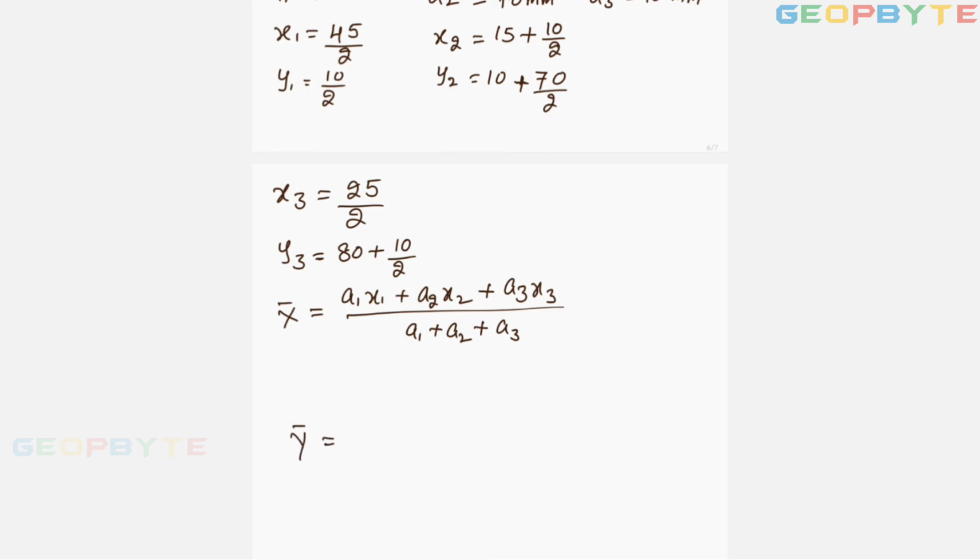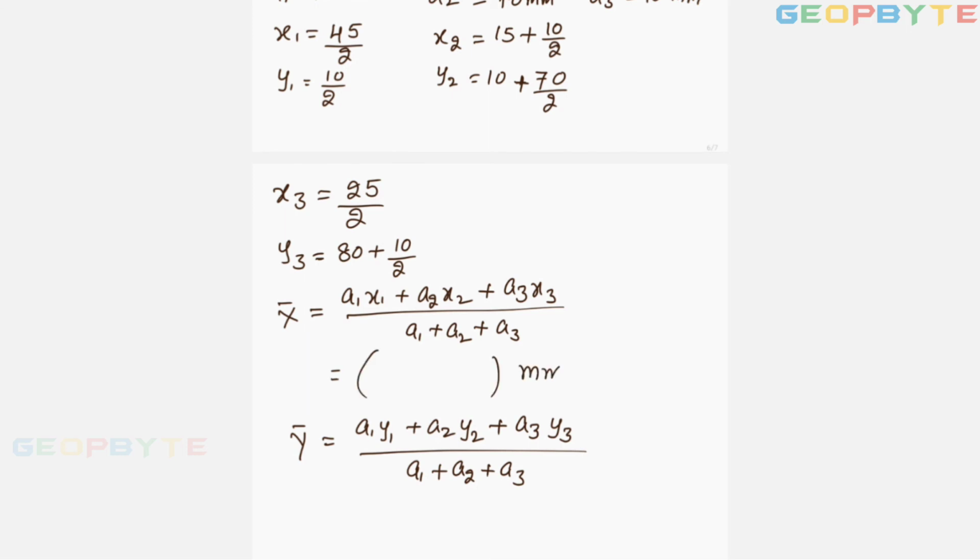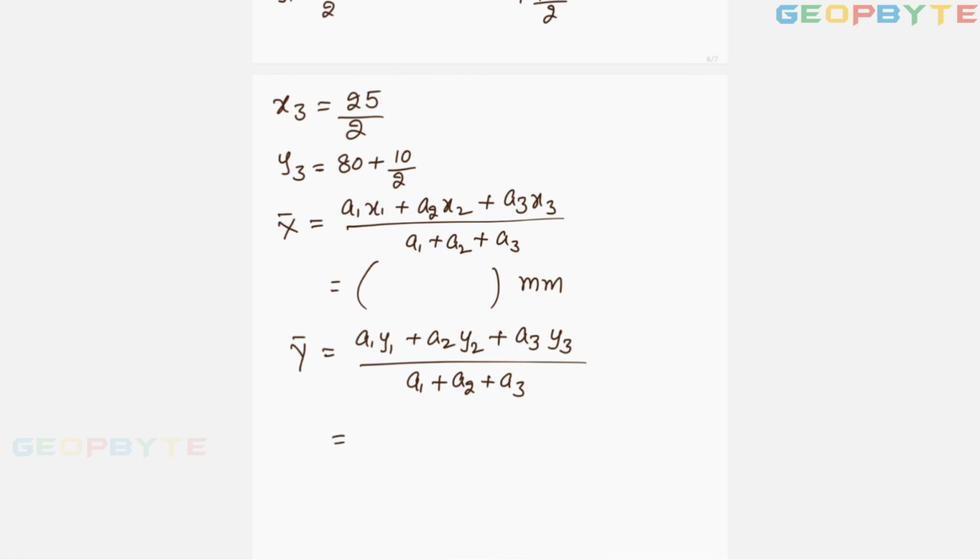Similarly, y bar equal to a1 y1 plus a2 y2 plus a3 y3 divided by a1 plus a2 plus a3. You put all the values for getting x bar and y bar respectively. So I hope you can have the simplification. You can have the x bar in mm, y bar also in millimeters. I hope you clearly understood.